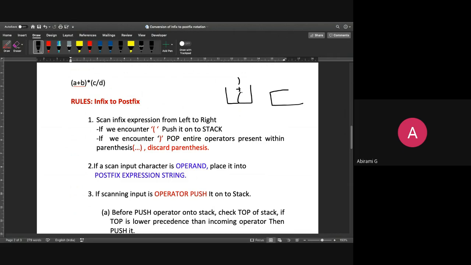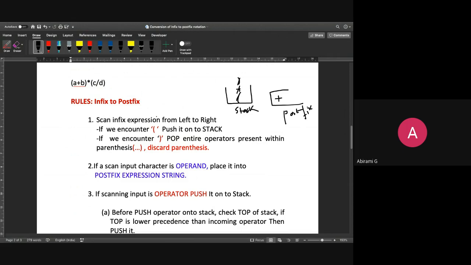So here we have a stack, and this is the postfix string or expression. If you encounter a close bracket, whatever is inside, we have to pop it out and place it into the postfix expression. This is the first rule.